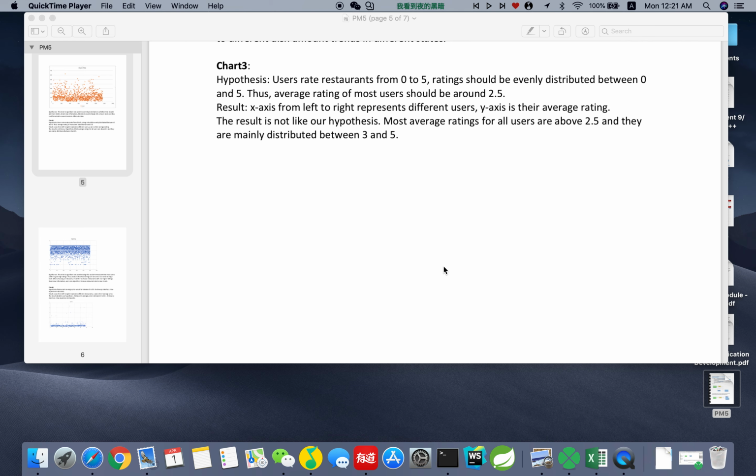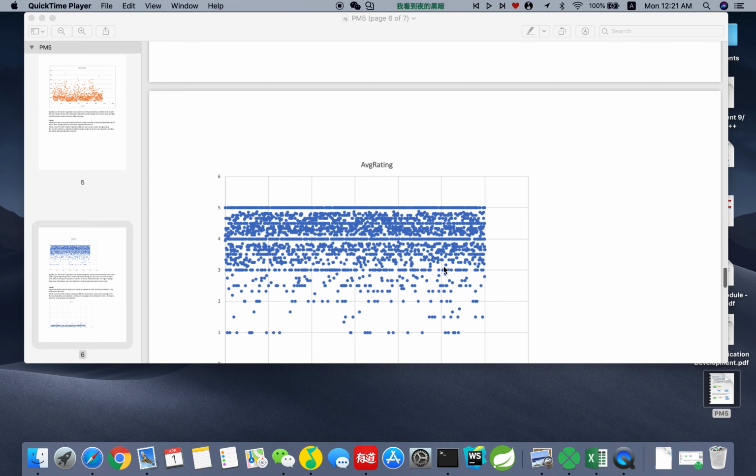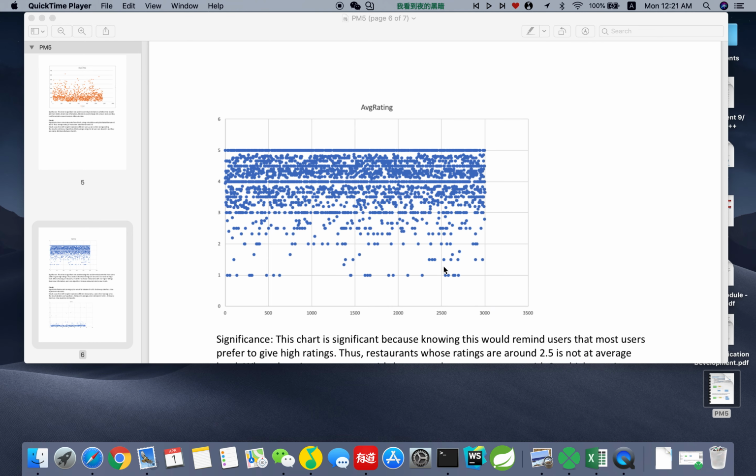Most average ratings for all users are above 2.5, and they are mainly distributed between 3 and 5. For this chart, the x-axis represents different users, and the y-axis is their average rating.